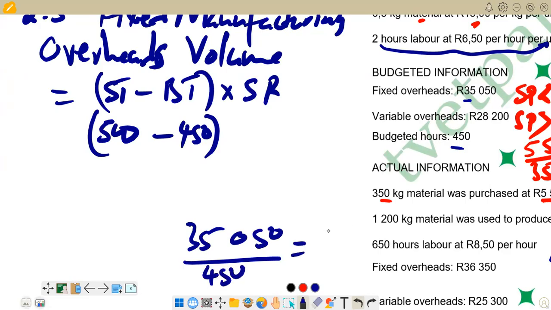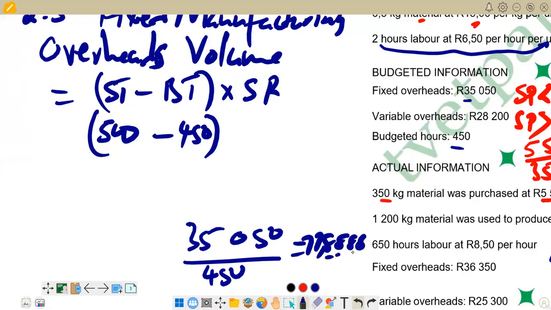Let's divide that and see what we get. 35,050 divided by 450 gives 77.8888 recurring.